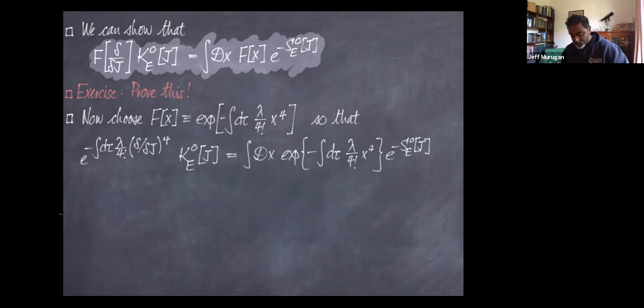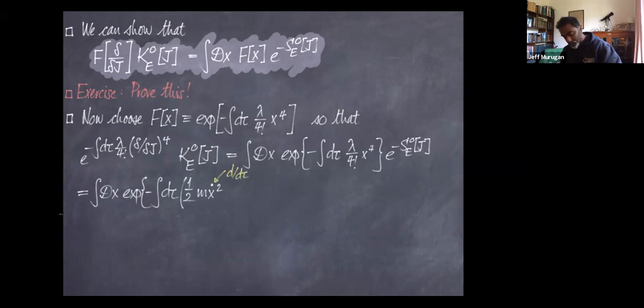If we do that, this is the path integral of e to the minus the integral with respect to tau of a half m x dot squared, where my dot here now means d by d tau, plus 1/2 m omega squared x squared plus this factor of lambda over 4 factorial x to the 4, and then minus the source term Jx. And let's close the integral.